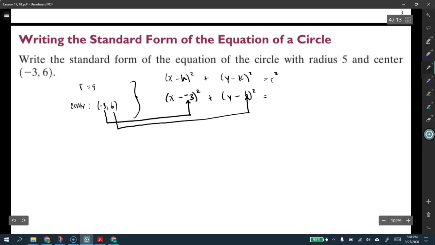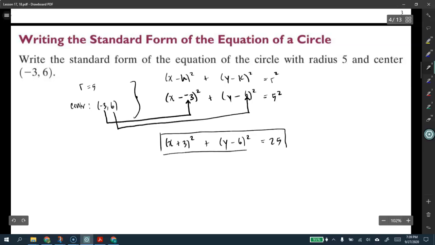And r would be the number 5, so 5 squared. Then you can simplify a little bit, but basically you have x plus 3 squared plus y minus 6 squared is equal to 25. And there you go. We have written the equation in the standard form of a circle.